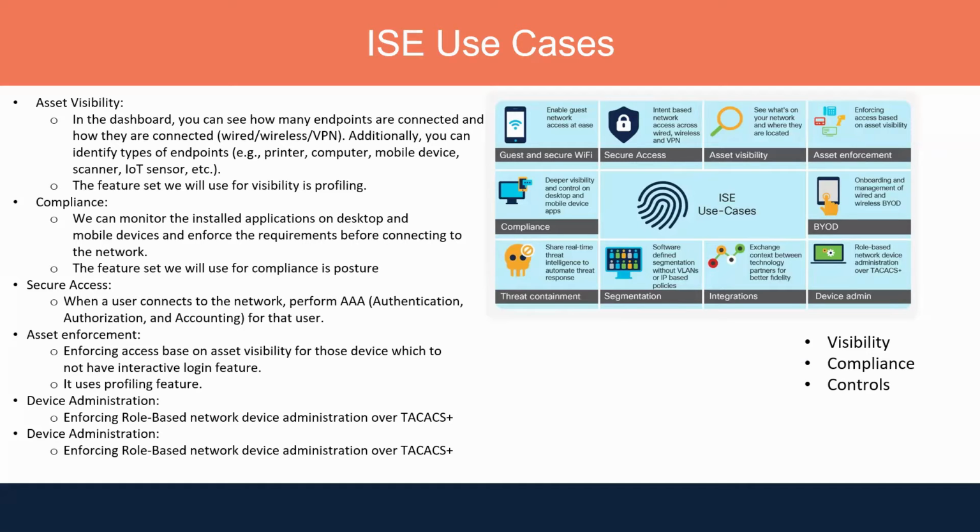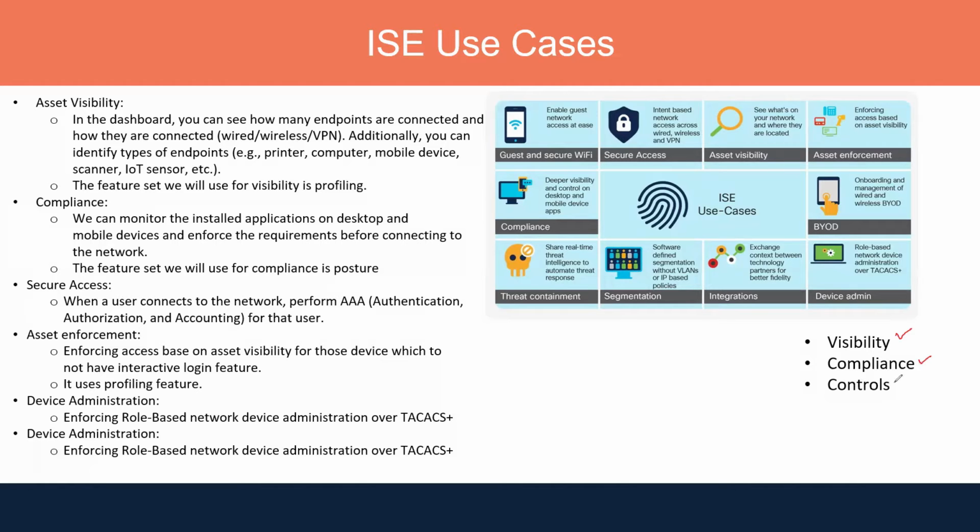In this slide, we are going to understand the use cases of Cisco ISE. If I talk about any organization, why is Cisco ISE being used? There could be three purposes for which Cisco ISE could be used. The number one purpose is visibility. The number two purpose is compliance.